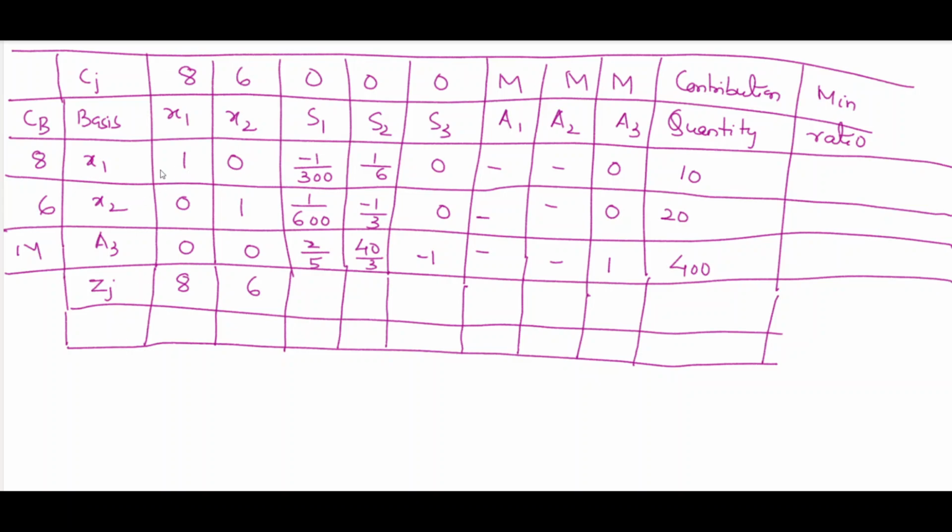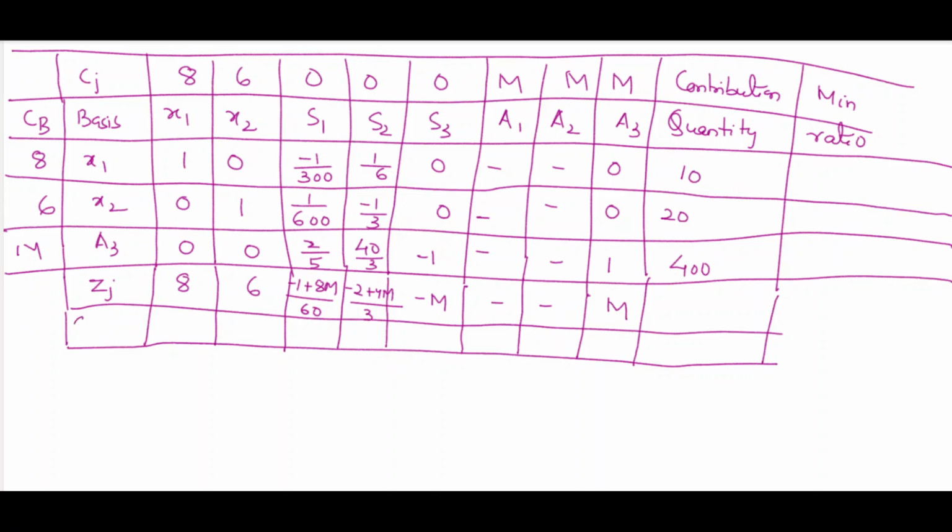You can see that 1 into 8 is 8, then 1 plus 0, similarly 0 plus 6, 8, 6, it will be your minus 1 plus 8M by 60, minus 2 plus 4M divided by 3. Here it will be minus M dash dash, it is your M.